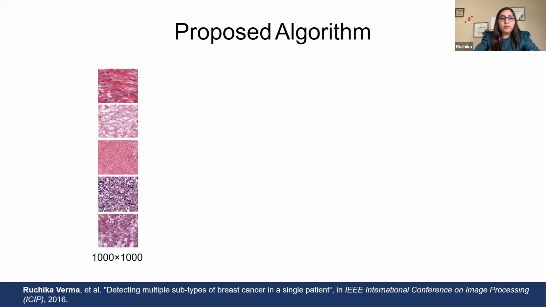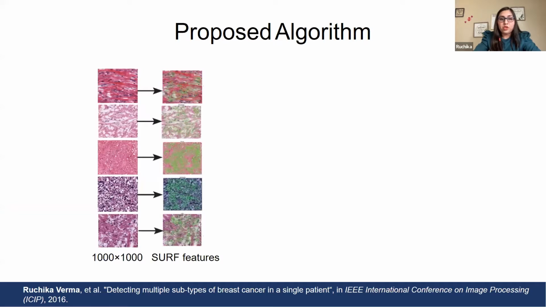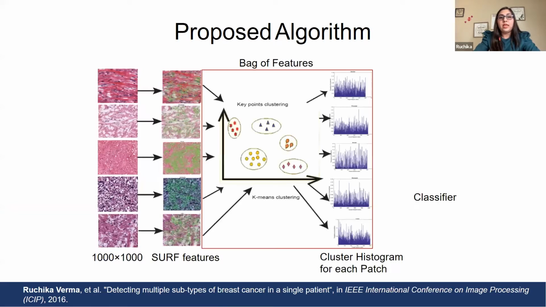And after selecting the important patches, we extracted speeded up robust features from these patches. And then we used a bag of features approach, because when we use speeded up robust features, we had different dimensions of the features coming out from each patch. And to make it consistent, we used the bag of features approach that gave us a cluster histogram for each patch, and it gave us a consistent length for each patch.